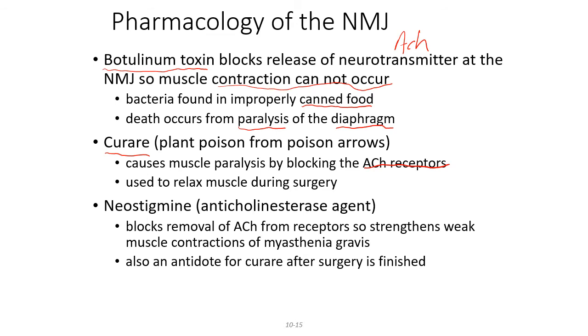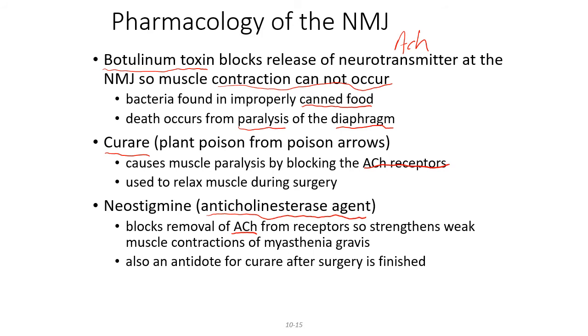One thing that can be used to reverse the process of having those acetylcholine receptors blocked is to have an anticholinesterase agent. And so neostigmine is one of those. Basically what it does is it blocks the activity of acetylcholinesterase. And so if we're not breaking down the acetylcholine, we're getting more and more acetylcholine available in the synapse, which means that that's going to essentially strengthen the signal that's being sent.